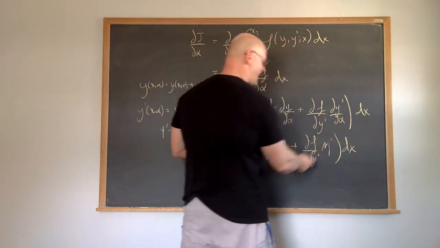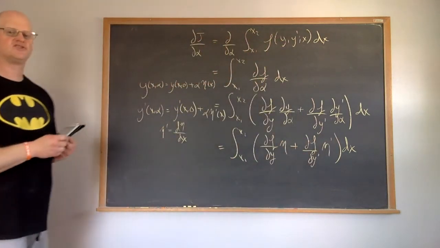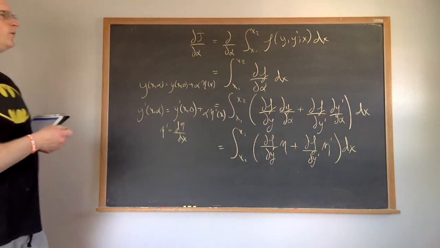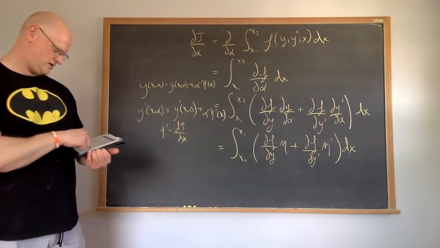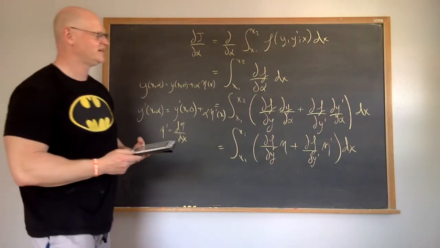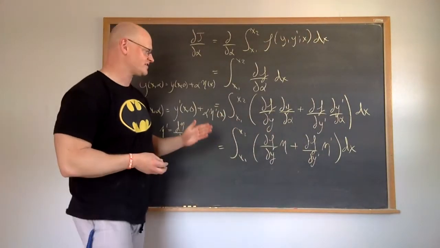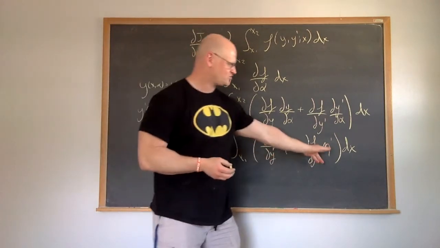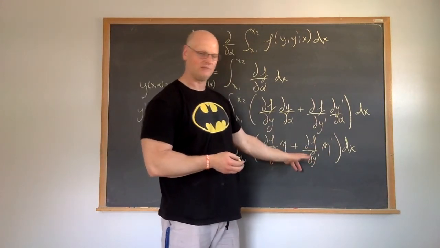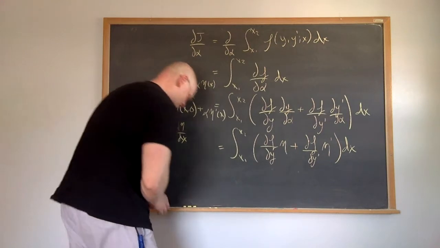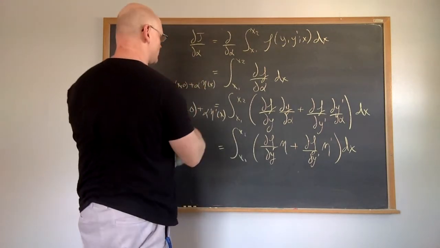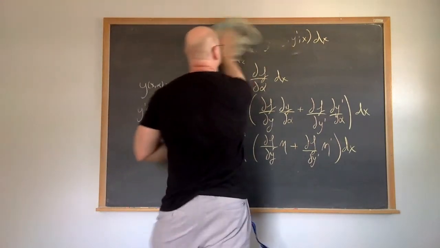We want to take this eta prime and turn that also into an eta. Now, the way we're going to do that is to use integration by parts, right? Because as we talked about before, the reason for using integration by parts is to transfer the derivative from one term to the second term. Okay. So let's do that. So let's look at that second term and let's use integration by parts.